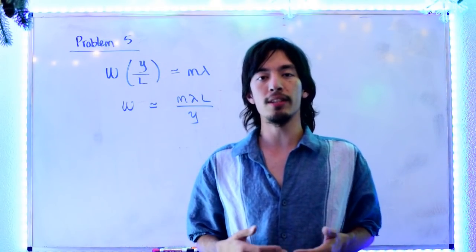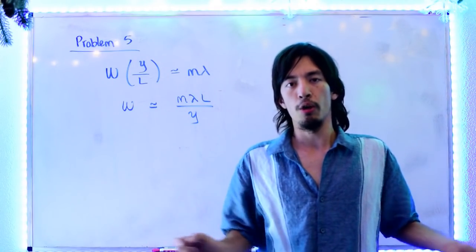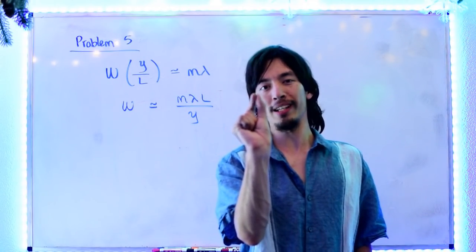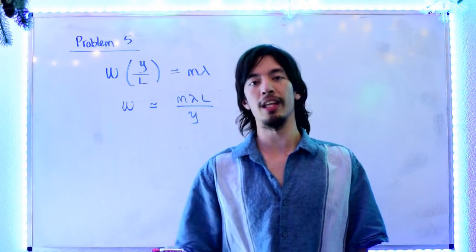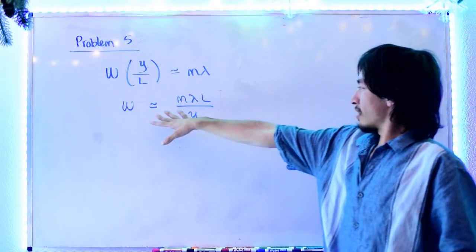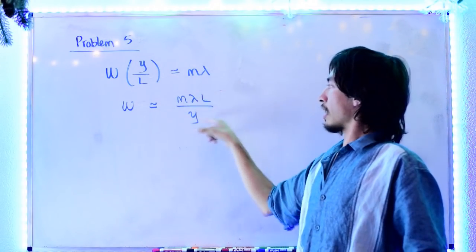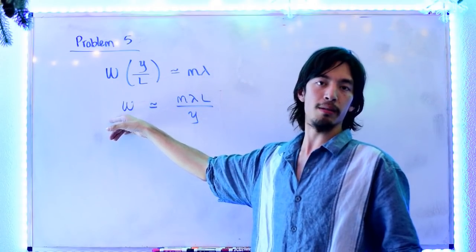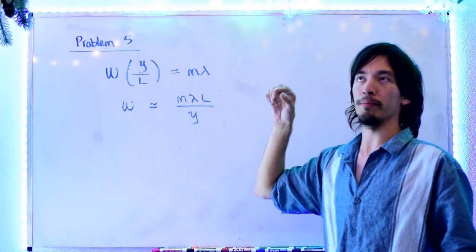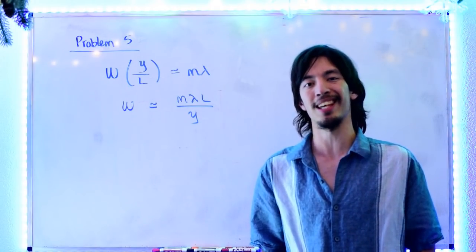Or perhaps, let's say that I illuminate the slit with green light, right? Why would changing the width of my slit change the color of the light that I'm shining onto it, if that makes sense? So just because the equation is telling me that I could use these things to calculate the width of the slit, it doesn't mean that changing the width of the slit will change the color of the light. It doesn't really make sense.